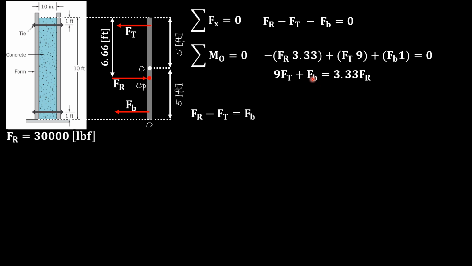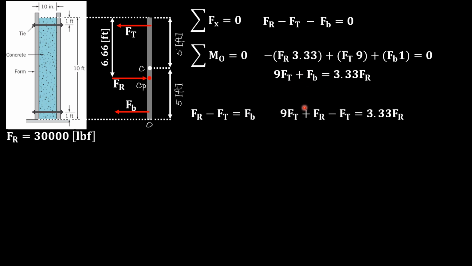And here what we want to do is solve for either F sub T or F sub B. So we will utilize this equation where we sum the forces in the x direction equal to 0. Here F sub B, I will just move it to the other side of the equation, and it will be F sub R minus F sub T. Now let's plug F sub B into the sum of the moments equal to 0.